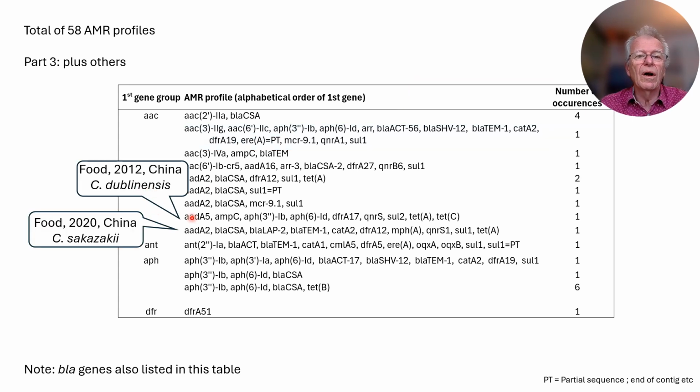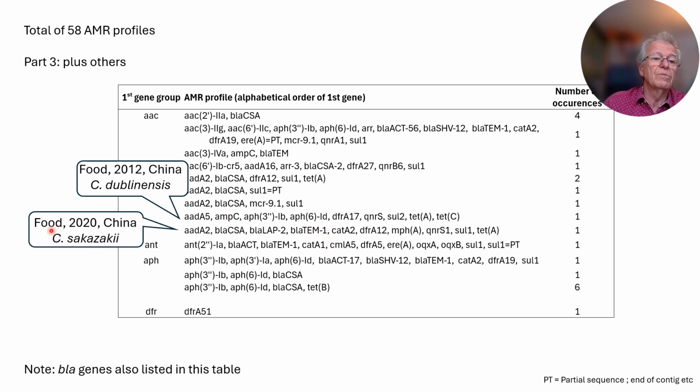Down here, we've got another isolate with aminoglycosides, beta-lactamases, trimethoprim, quinolone, sulfonamides, tetracycline resistance coming in. That's 2012 food isolate China, and that's Cronobacter dublinensis. And then we got this one similarly with quinolones, sulfonamides, tetracycline, etc., with 1, 2, 3 different BLA profiles.